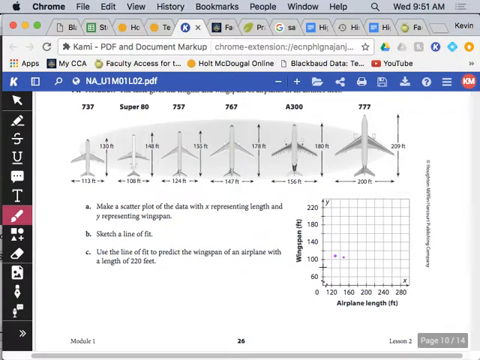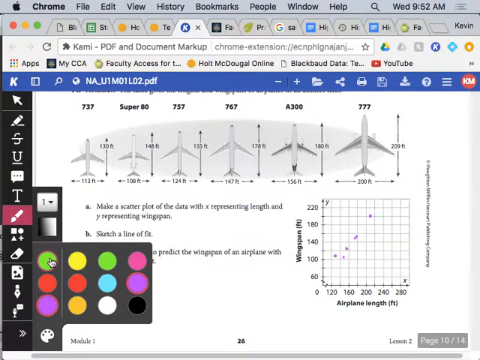Next one is 155 and 124, which is about here. Next one is 178 and 147, which is somewhere close to here. Next one is 180 and 156, which is basically here. The next one is 209 and 200, which is right here. Now, once I've plotted those points, I want to create a line of best fit.